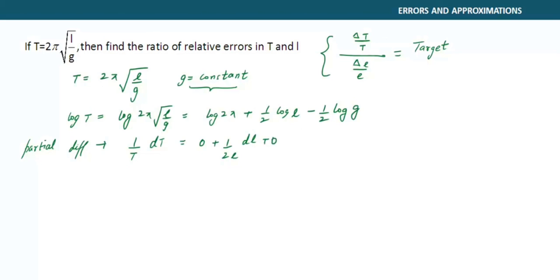So what you have got till now is that 1 by T dt is equal to 1 by 2L dL. Can you see that our question is already over? Why?